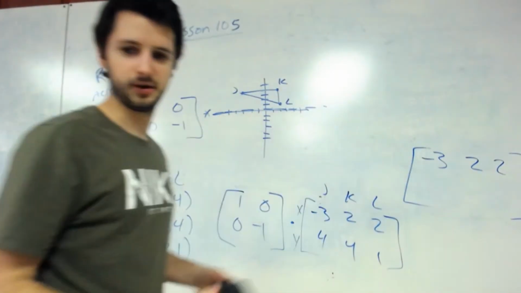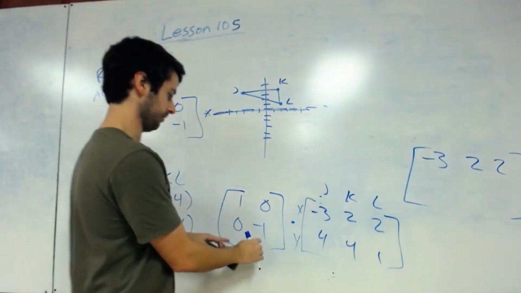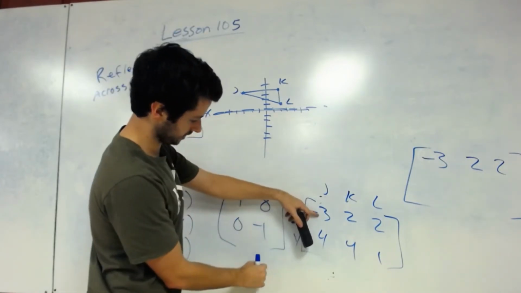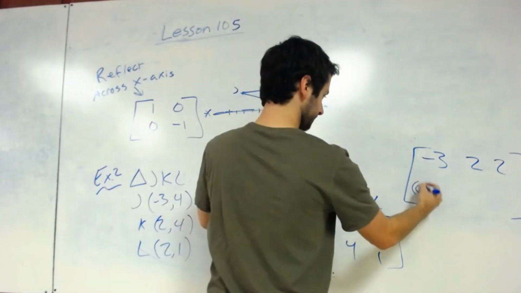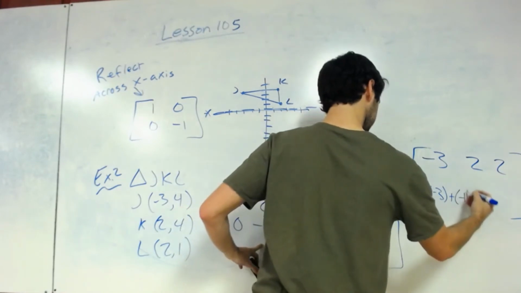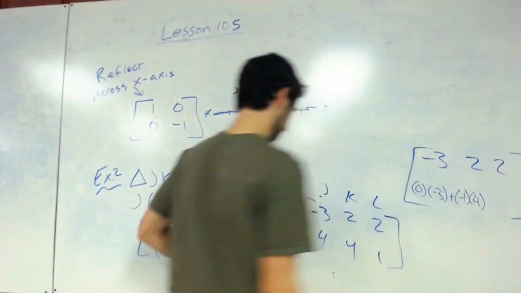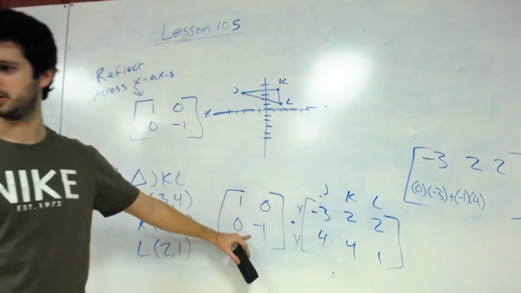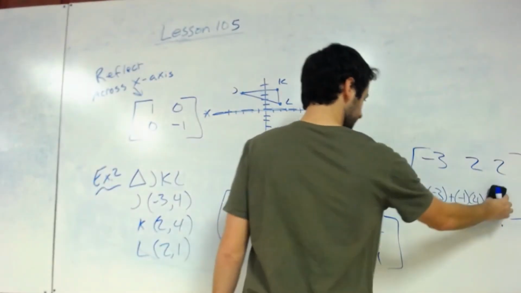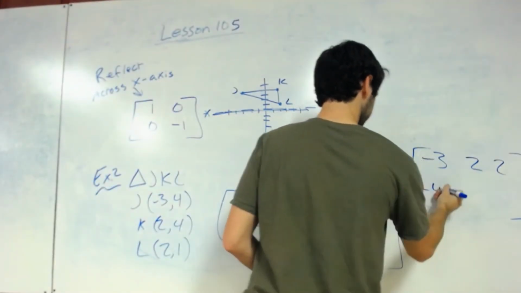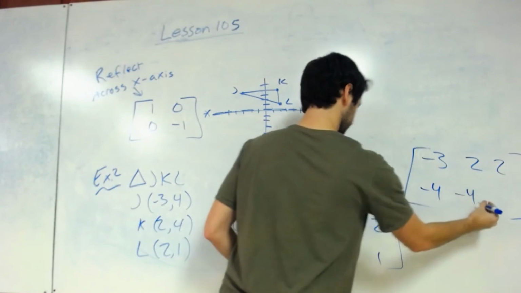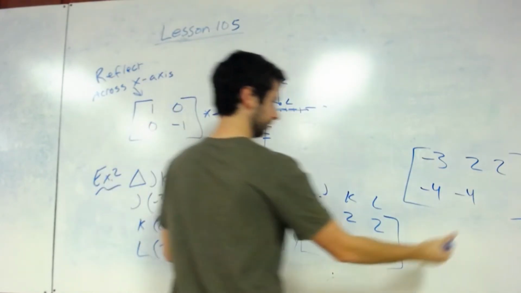Obviously you can catch on to the pattern. Then we do the bottom. 0 times -3 plus -1 times 4 would give me -4 plus 0, -4. 0 times 2 is 0, that's -4. 0 times 2 is 0, -1.